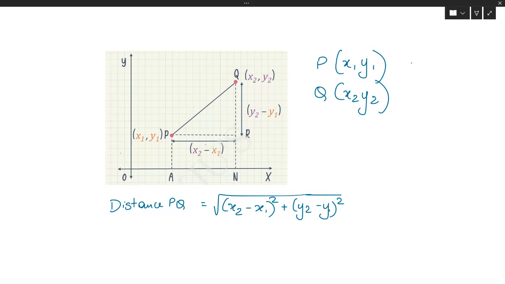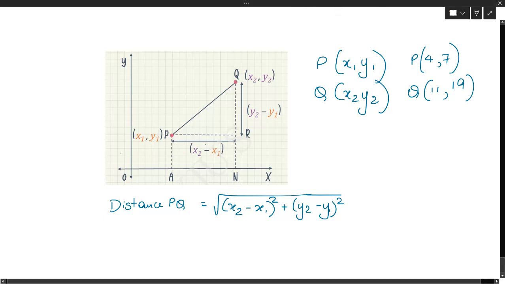Suppose P is at point (4, 7) and Q is at point (11, 19). So what is x1? 4, correct. What is x2? 11. They are both at different points. P is here, Q is here.